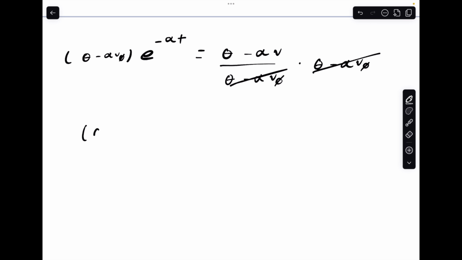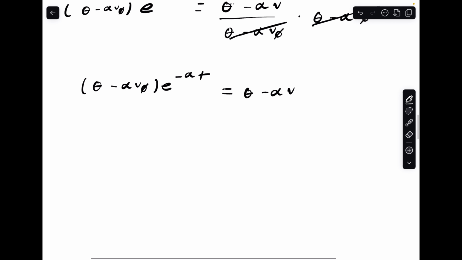And now this becomes theta minus alpha v naught times e to the negative alpha t is equal to theta minus alpha v. So now I know that I want v by itself, but I want a positive v, not a negative v, so I'll just switch this by adding alpha v to both sides.